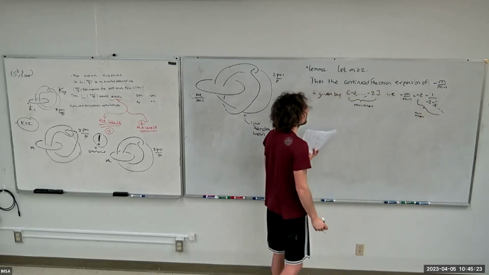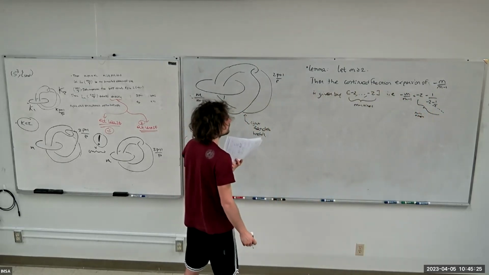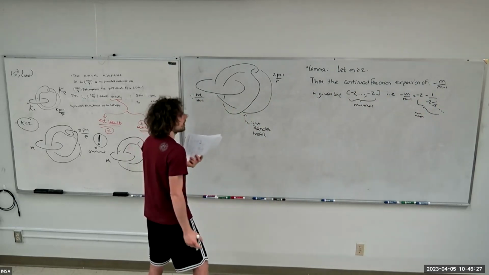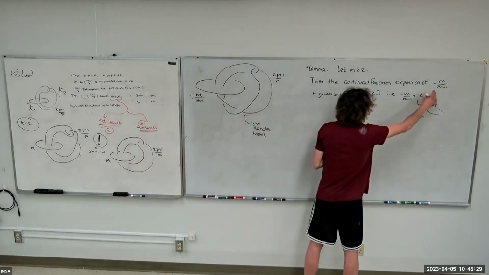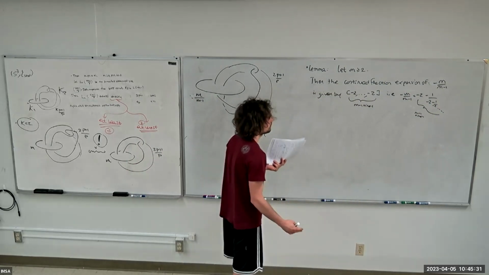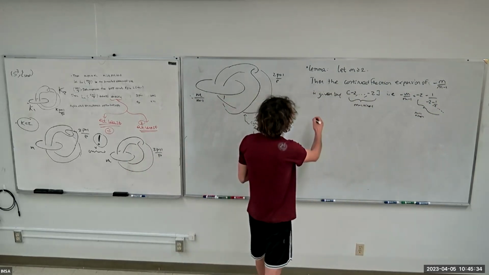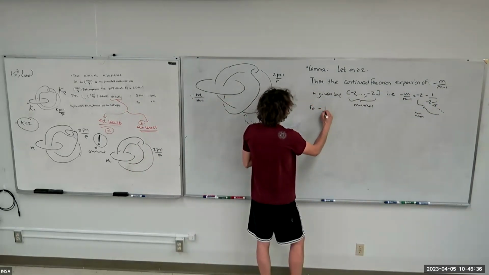So the continued fraction expansion, for those who don't know, is just how I write this rational number as a sequence of this form. In particular, using the topologist's continued fraction.